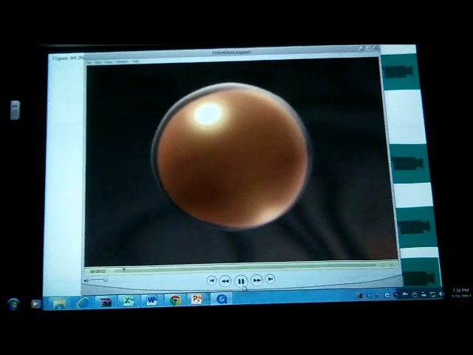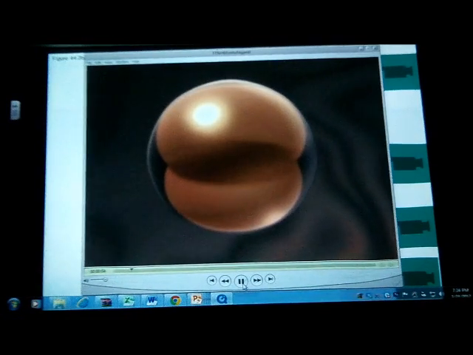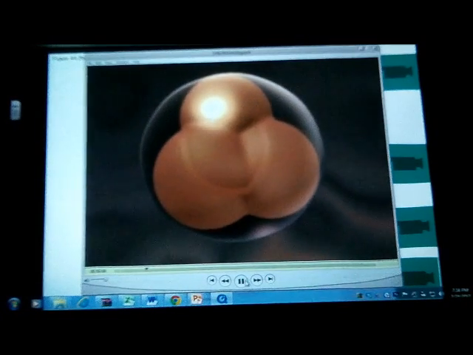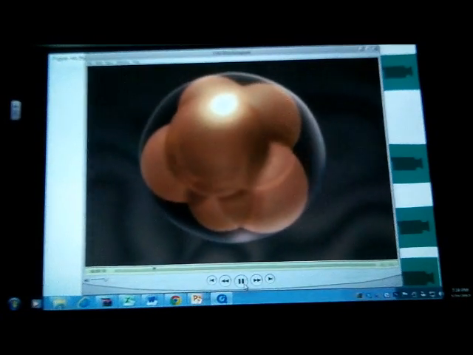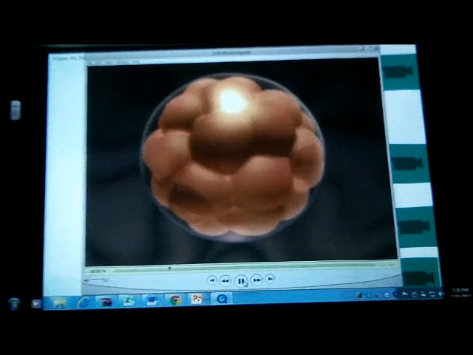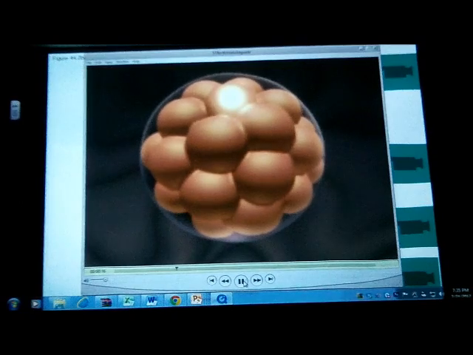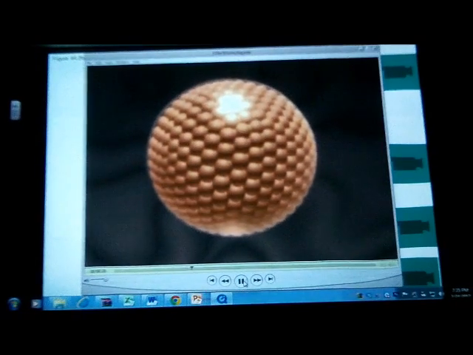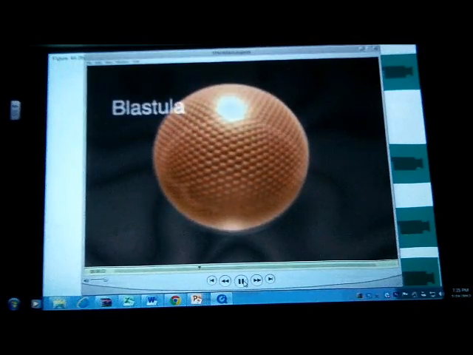Development of the sea urchin from a zygote shows the sequence in which most animal embryos develop. In the earliest stages of embryo development, continuous cell divisions in a zygote result in a hollow ball of cells called a blastula. With each cell division, the cells become smaller.